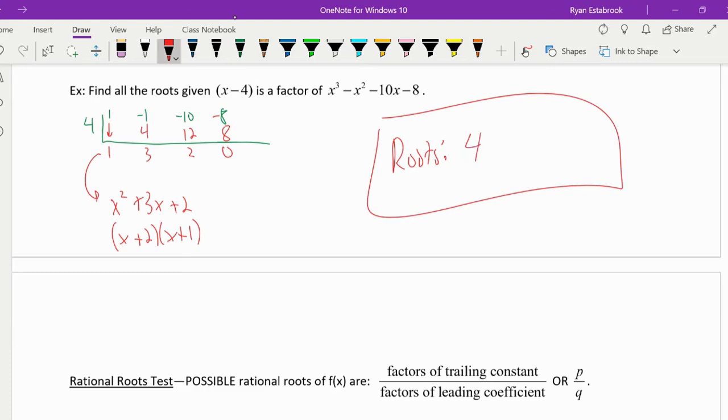Originally, I knew that 4 was a root because that was indirectly given to us as a factor. Now I know that negative 2 is also a root because of the way it all factored out. And then the final one is negative 1. Third degree, 3 roots. So synthetic division took a cubic, which I couldn't really do anything with, turned it into a quadratic that we could use.